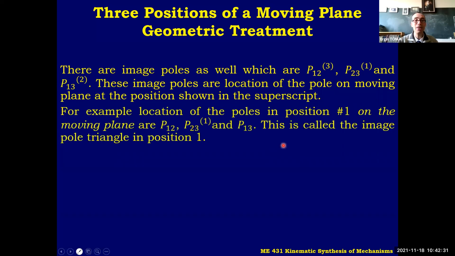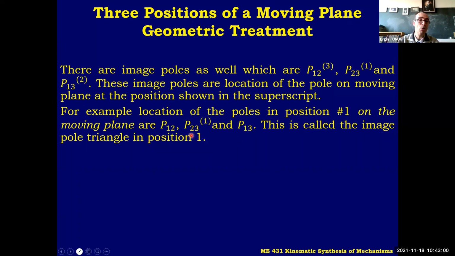So actually, this is what I'm trying to explain. For example, the locations of the poles in position number 1 on the moving plane are P12 and P13. These are two fixed points about which the plane is going to rotate. That is, it's going to rotate about P12 to come to position 2, or about P13 to come to position 3.